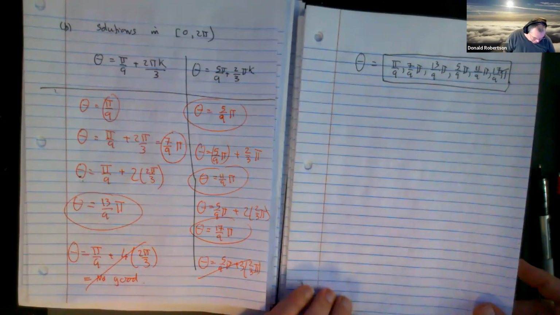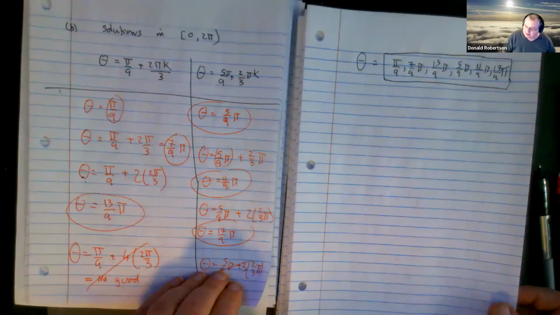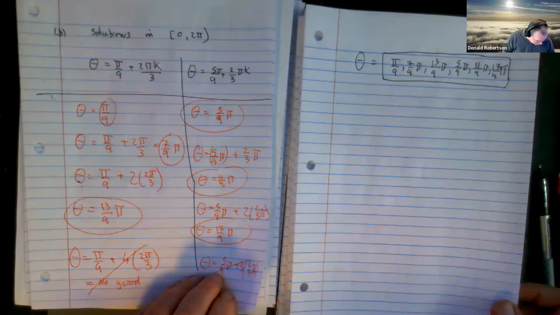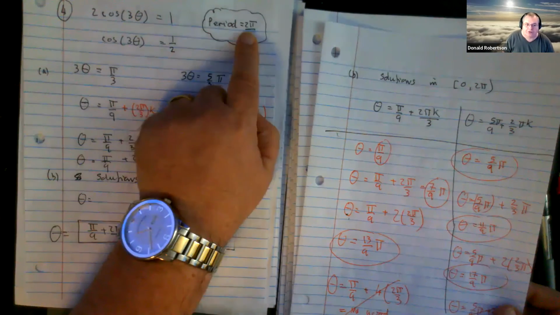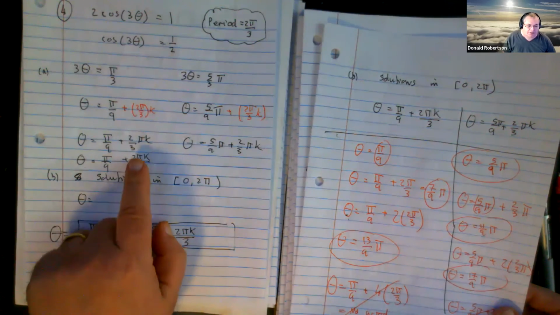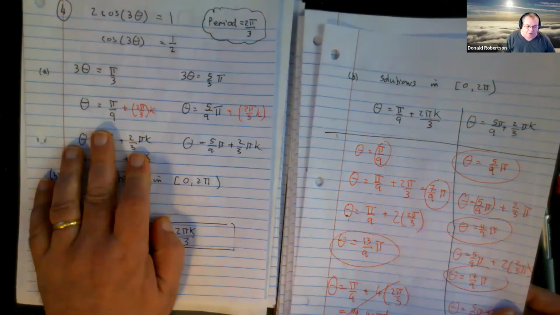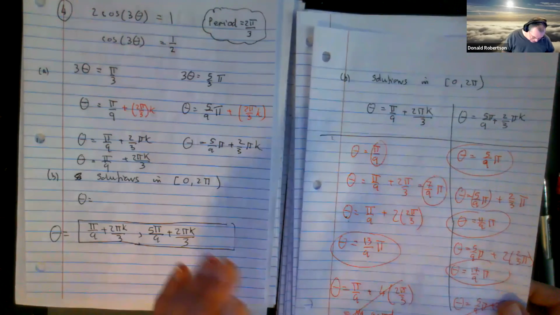You see, these questions are getting more convoluted, aren't they? Right? Now the period of the original equation, in this case 3 theta, becomes important. Because once you've got that guy, any answer you get, you add on the period k. Not 2 pi k now, but period k. And that's an important distinction.